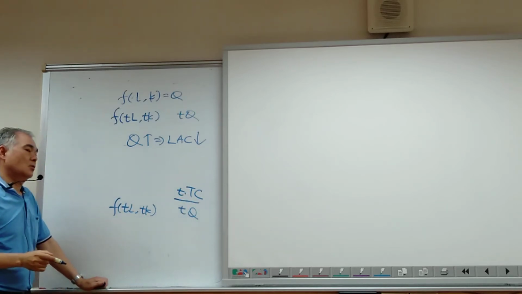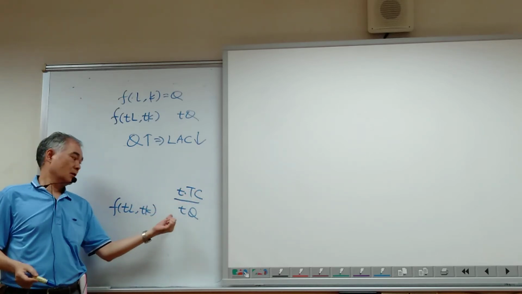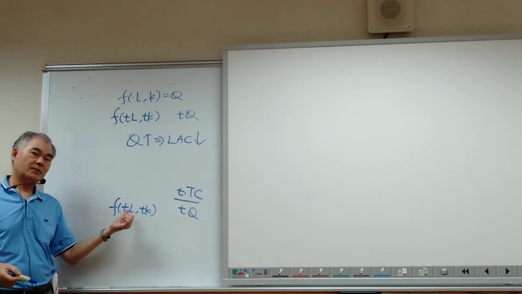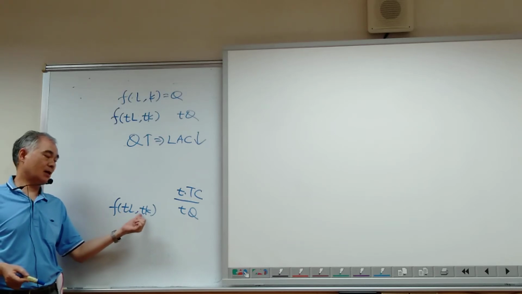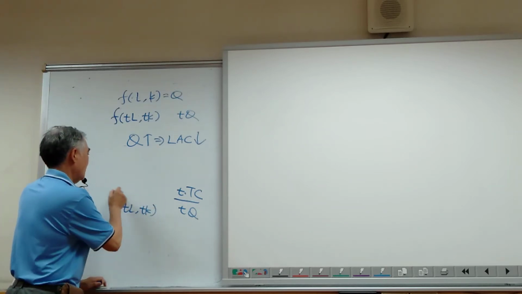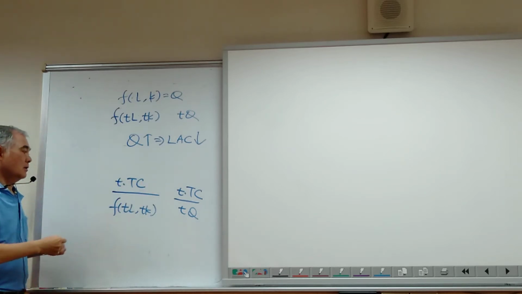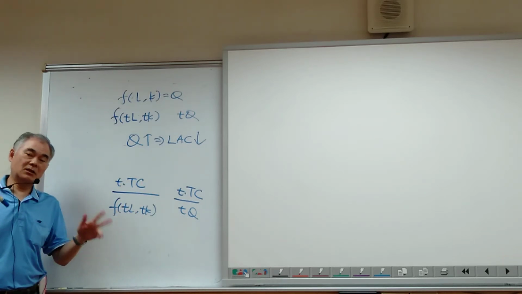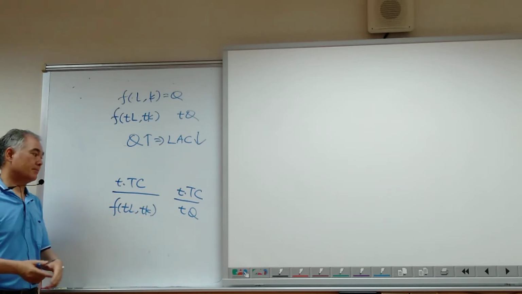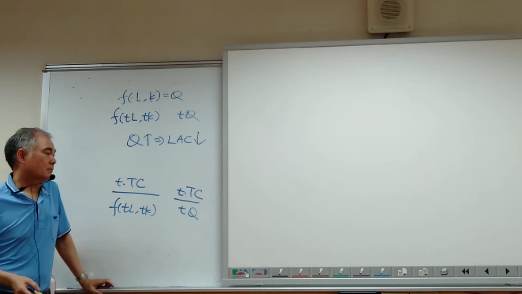TC is total cost. If you use t times the labor and t times the capital, you get something like that, and here is t times TC, because the price of input is fixed. So what is going to happen?